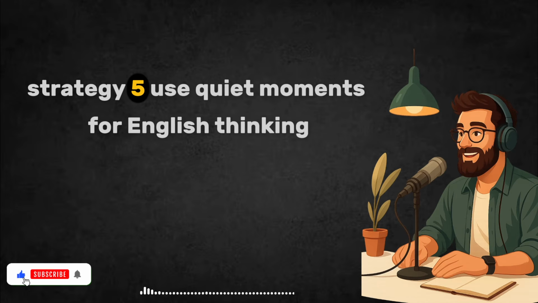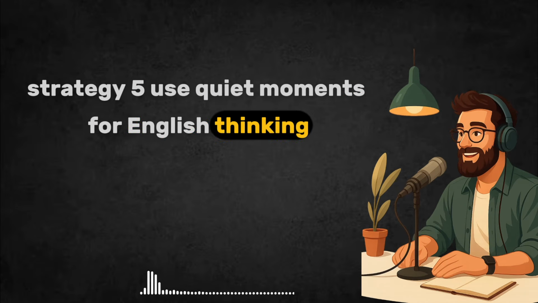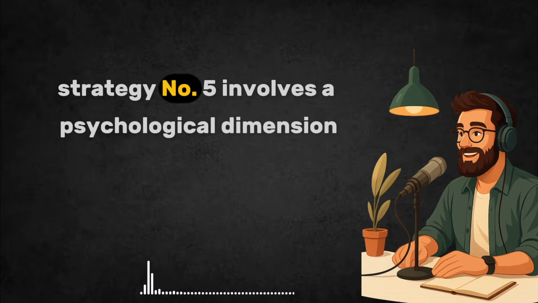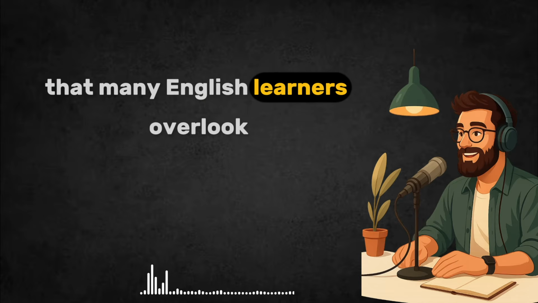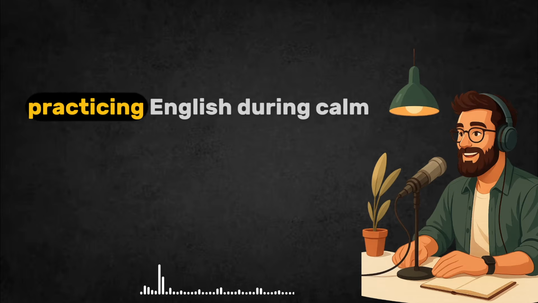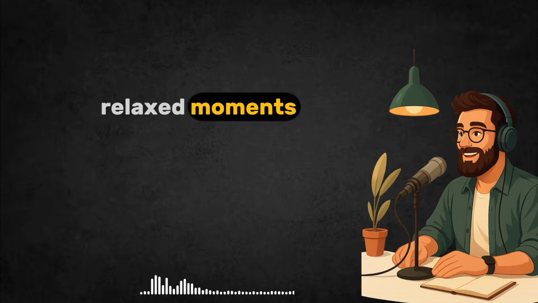Strategy 5. Use quiet moments for English thinking. Strategy number 5 involves a psychological dimension that many English learners overlook: practicing English during calm, relaxed moments.